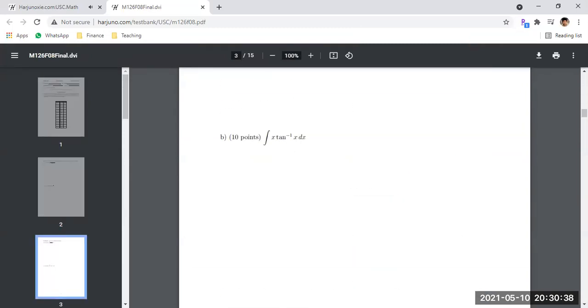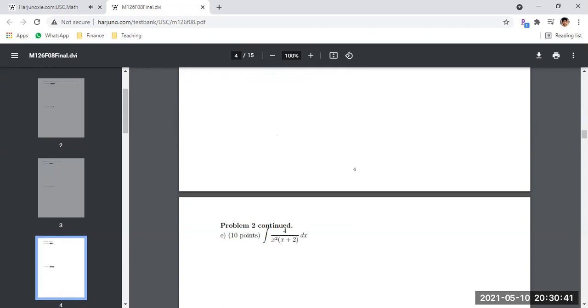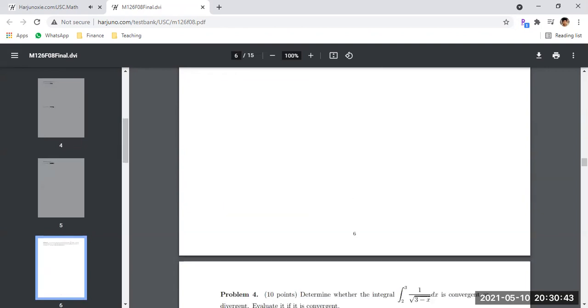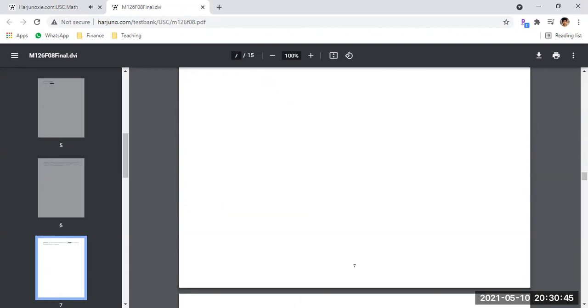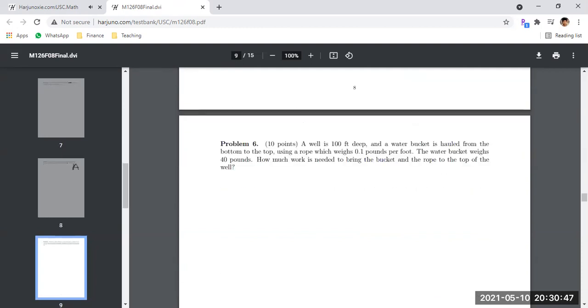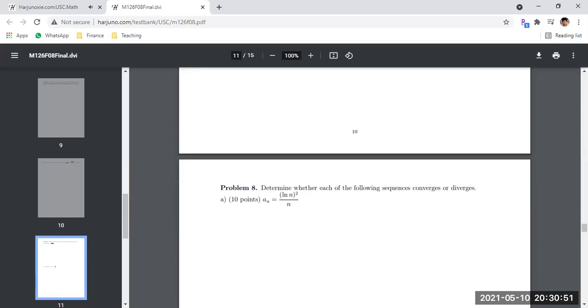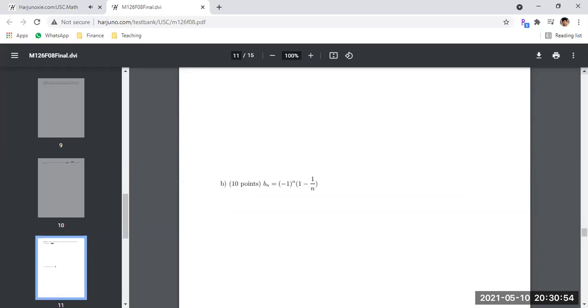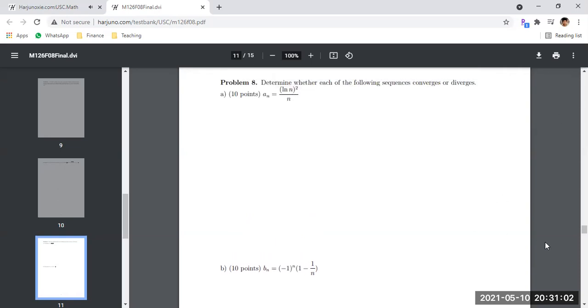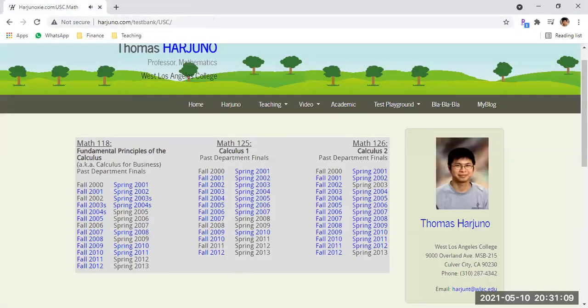I know one of my former students studied so hard from all these tests, and then he got so disappointed when I picked questions from another university instead. I said, no, you don't need to be disappointed, because even though the questions are very different, the concepts are actually still the same.